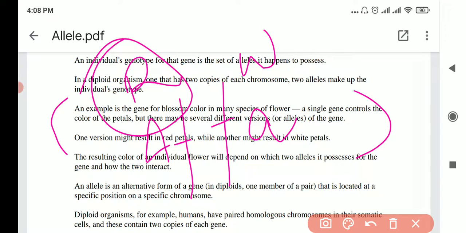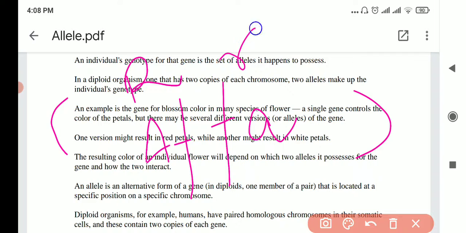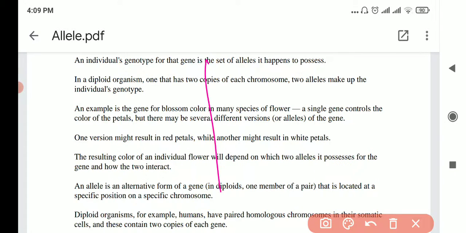Let's say R is dominant to small r. This one is dominant to this. So only the alleles will determine what kind of color will express. Let me say again. Let's say this is the gene for color, and this is a gene R. This is also a gene R. But the gene R for color, it cares only about color.